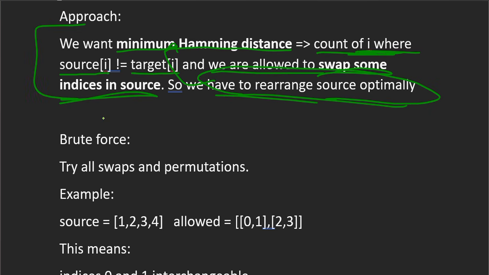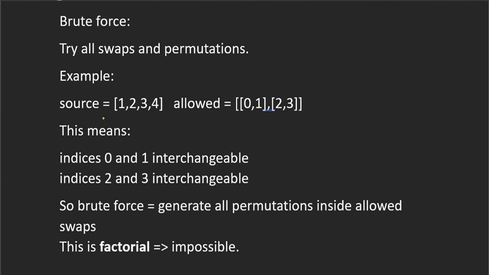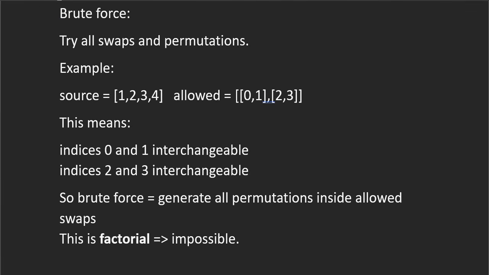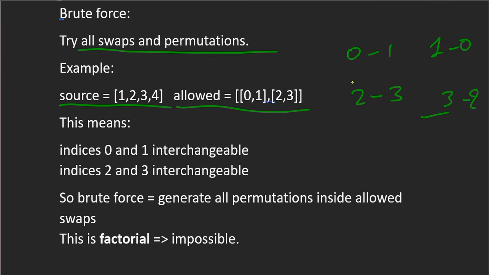So let's start with the brute force approach. What we do is, we'll try all the possible swaps and all the possible permutations, right? So let's see an example. Suppose this is our source array 1 2 3 4, and the allowed operation is we can swap 0 with 1, 2 with 3, or we can swap 1 with 0, 3 with 2, and we can swap in any order, right? So we'll try all the possible permutations, right?